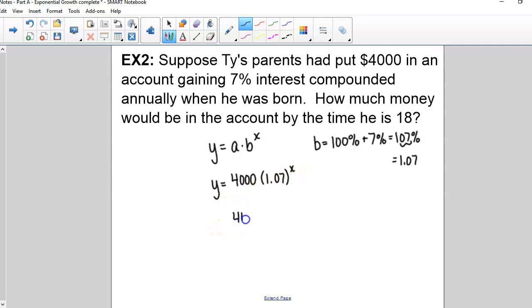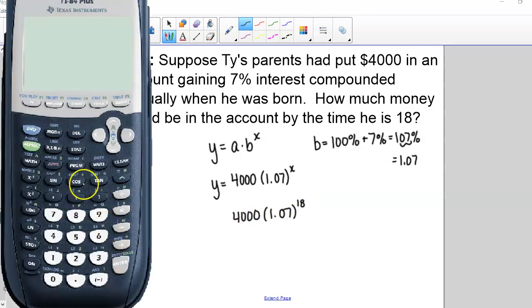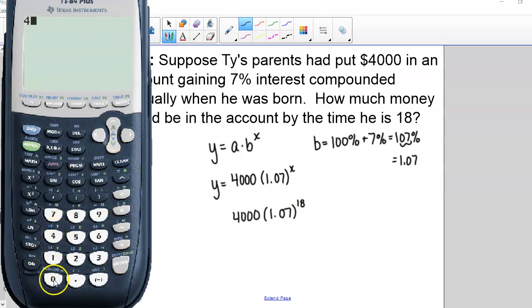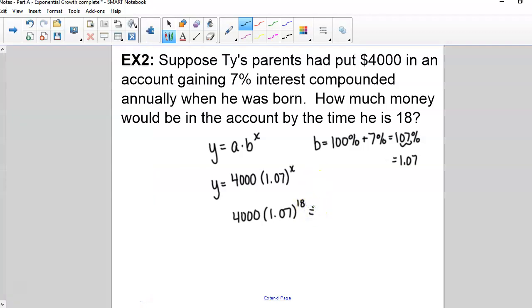So we'll be doing 4,000 times 1.07 to the 18th power. And so if we grab our calculator and do 4,000 times 1.07 to the 18th power.